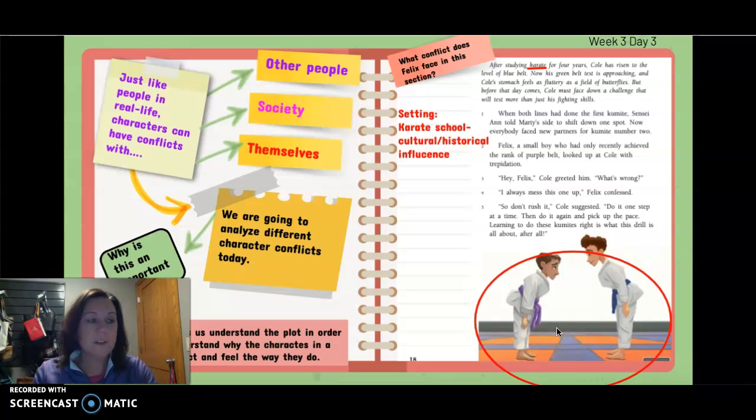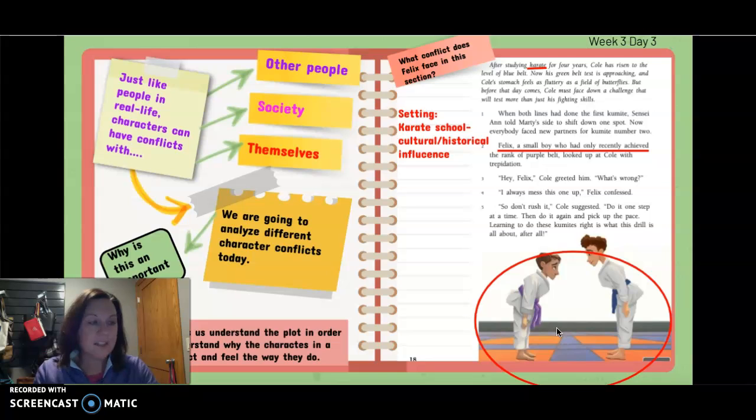Look for words that reveal that Felix has a problem or faces a struggle. Let's see here. I see that Felix is a small boy who had recently achieved the rank of purple belt. The phrase only recently says that he's new at this. That's why he's looking at Cole with trepidation, and trepidation means fear.